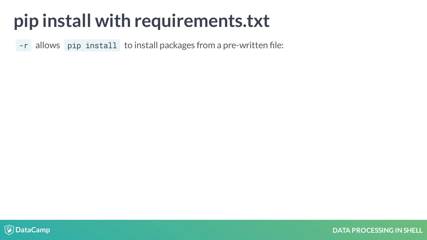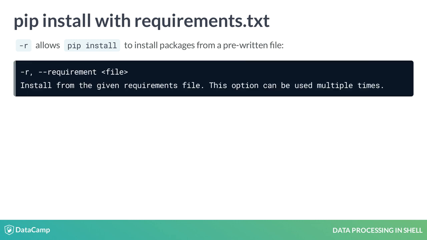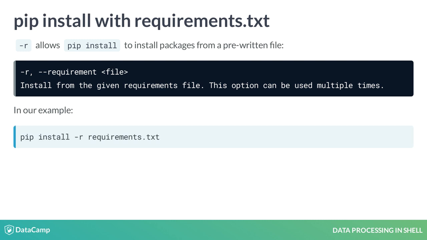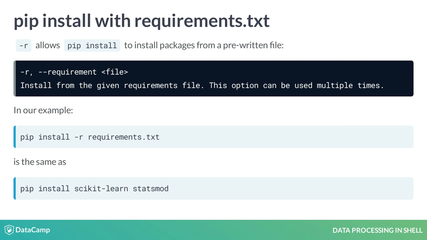The -r option flag in pip allows pip install to install packages from the file specified after the option flag. Keep in mind that naming this file requirements.txt is convention, but not required. In our example, pip install -r requirements will have the same effect as pip install Scikit-Learn statsmodels.